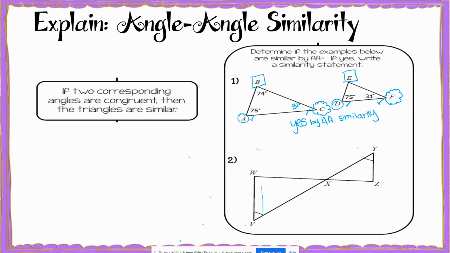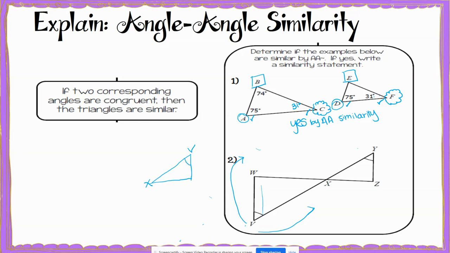A good way to do this is to redraw at least one of them so that it's the same as the other. So if I redraw W, V, and X, I know that this angle over here is going to be X. But you see that I would have to flip this up and then flip the whole thing over. So what happens is V ends up over here.